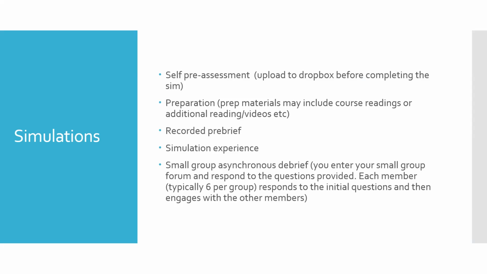You might write a sentence or 2 for each of those objectives, describing where you see you might have a gap or how you see you might have a strength. And then you're going to upload that to the Dropbox for that simulation pre-assessment before you complete the sim.